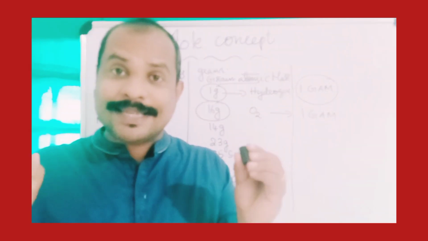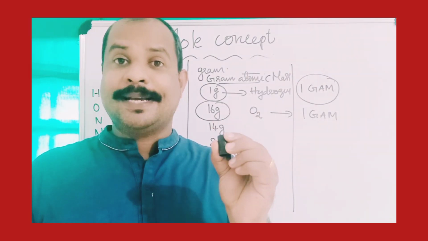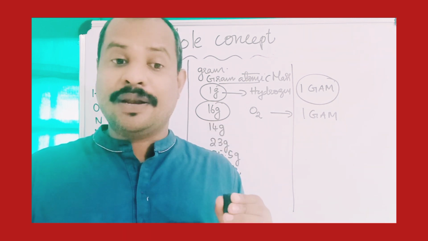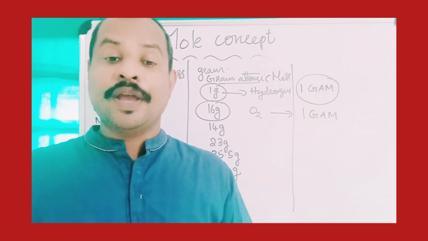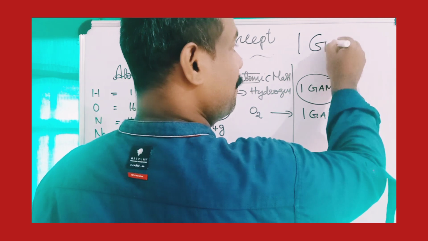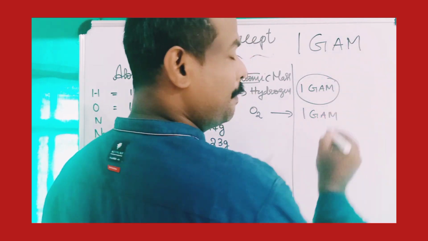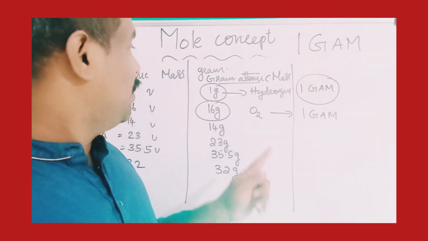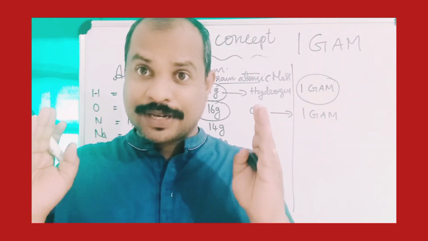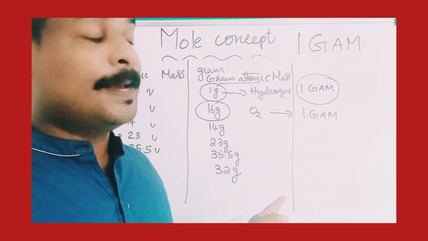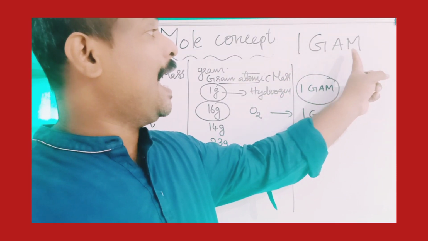Simply, we can elicit a term. If the mass of a particular element is equal to its gram atomic mass, it has 1 GAM, 1 gram atomic mass. If an element has a mass equal to its gram atomic mass, it has 1 GAM.